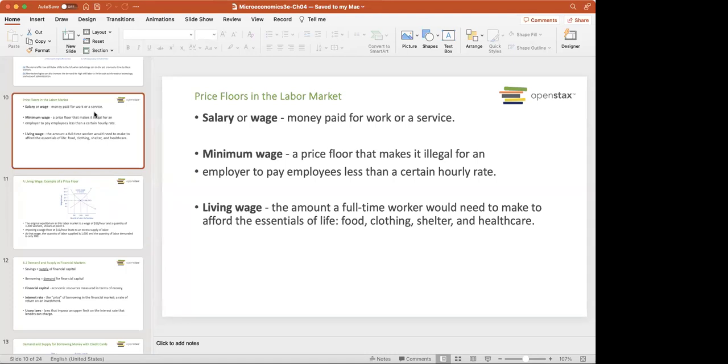Also, if you are a super handy person, you might be able to live for less than someone that doesn't have those skills, because someone without any handy skills would have to pay somebody to do all of that.